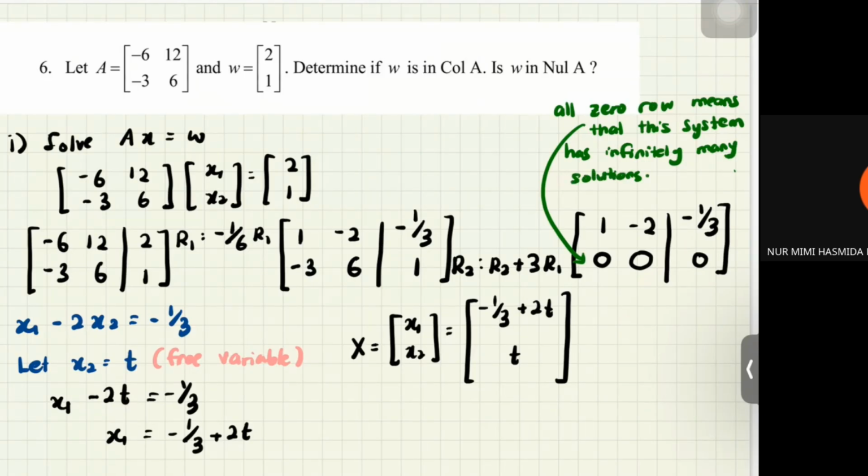So W is in column A. As long as it has a solution, then it belongs to column A.